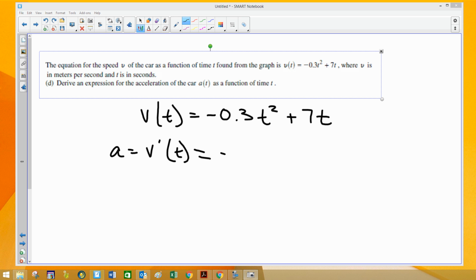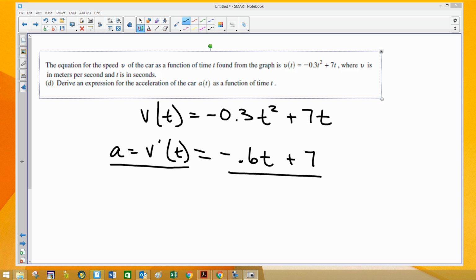And so the first derivative of this equation is that. On part D, it was worth 2 points. You got 1 point for indication that the acceleration is the derivative of velocity. And correctly evaluating the derivative was a second point.